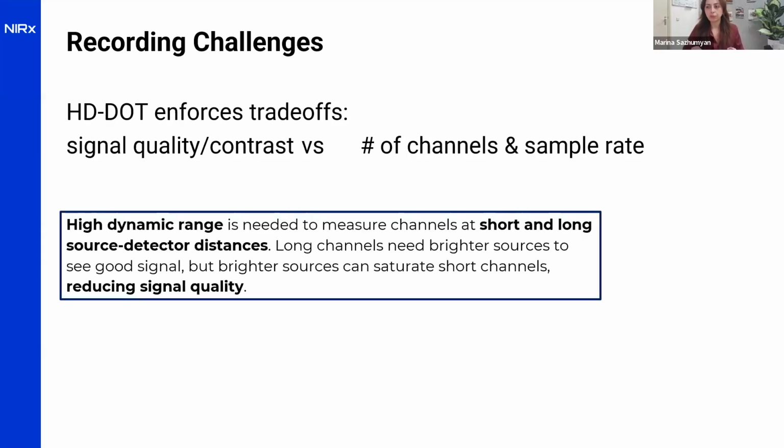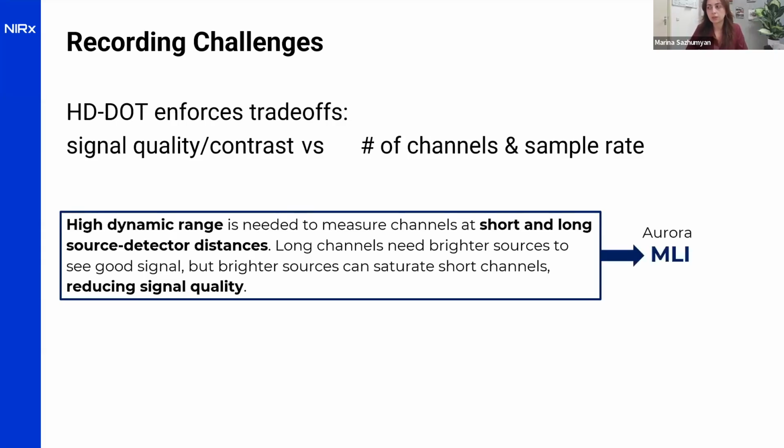So, as we mentioned, having variable channel distances, having shorter and longer distance channels means that we need a high dynamic range, because longer channels will require brighter sources, whereas using brighter sources will lead to saturation at shorter channels. So we want to be able to attenuate our signal brightness based on the channel distances.